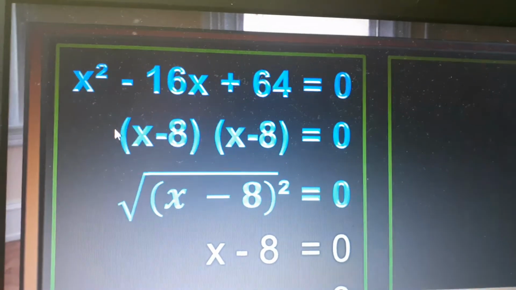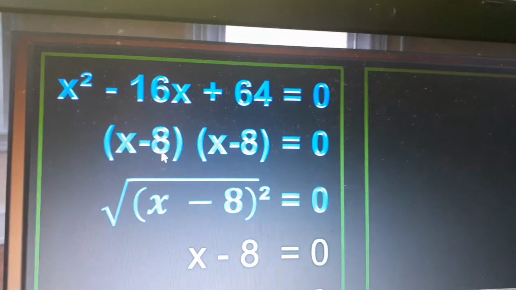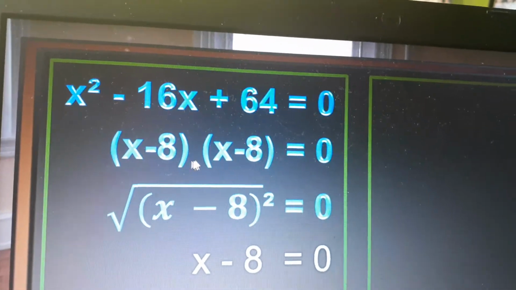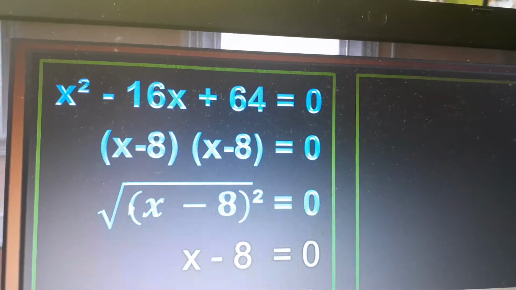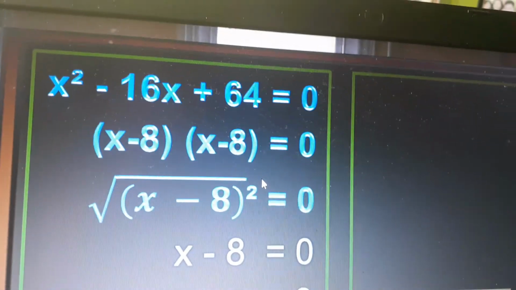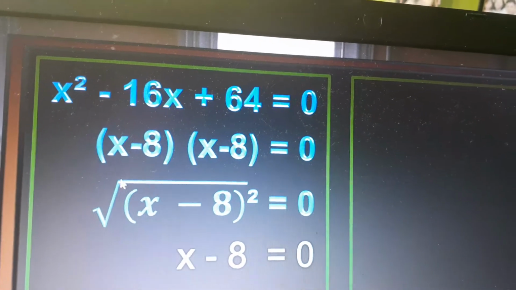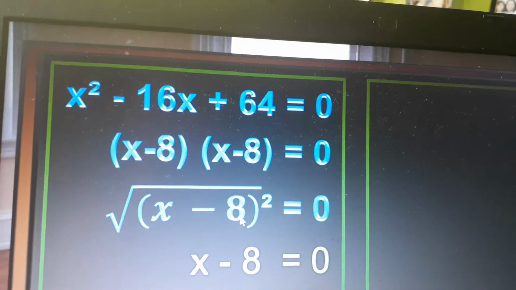Then itong factor na to ay, since magkaparehas lamang po sila, x minus 8 multiplied by x minus 8. Pwede po natin ito isulat in this form para mas mapadali po natin makuha yung kanyang equivalent values. So, inilagay ko po siya into a radical expression. That will become x minus 8 squared.